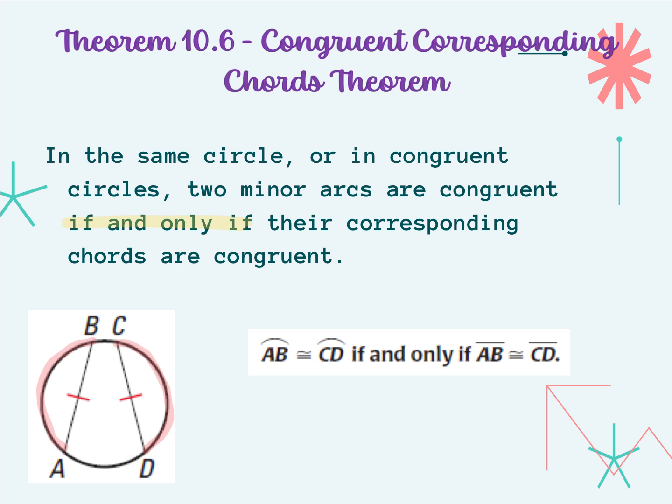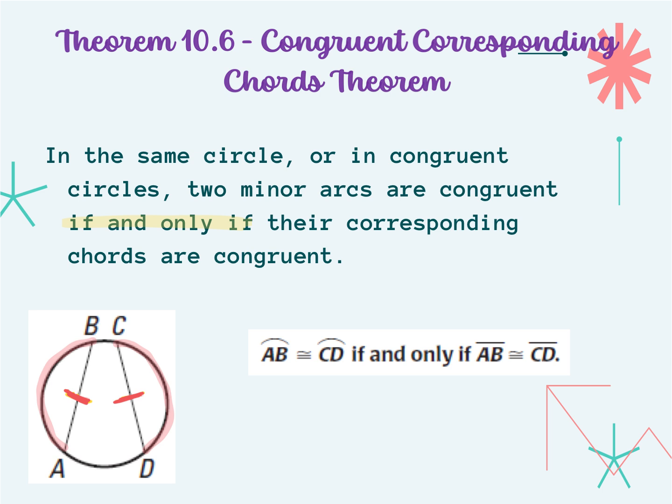So they're showing you the chords right here. If those chords are congruent, which they are because they have the congruent marks, then my arcs are also congruent, and vice versa. So if arc AB is congruent to arc CD, they're congruent if and only if your chords are congruent.